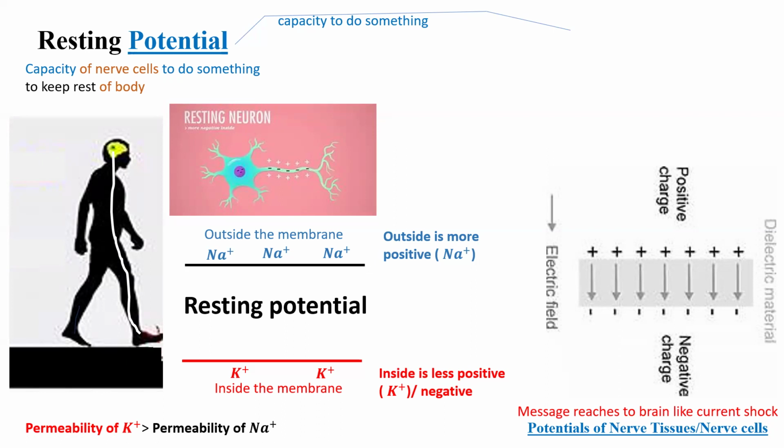Here is a very low electric potential, minus 70 millivolt, and it is not a big value to trigger any sort of charge movement. So there is only a little movement of charges, your body is in the state of rest, and this is the resting potential of your body. This is the position where your body keeps you calm and cool, and you are not receiving any stimuli.